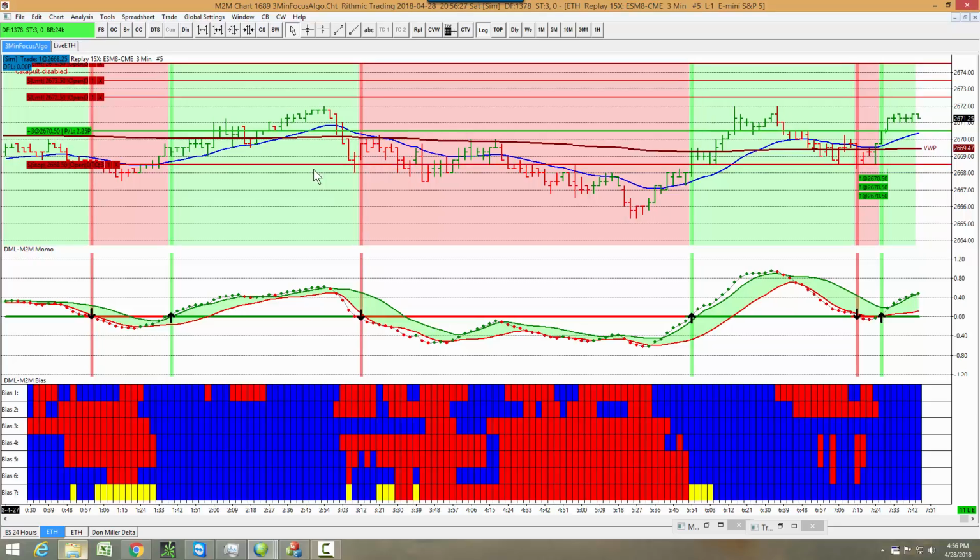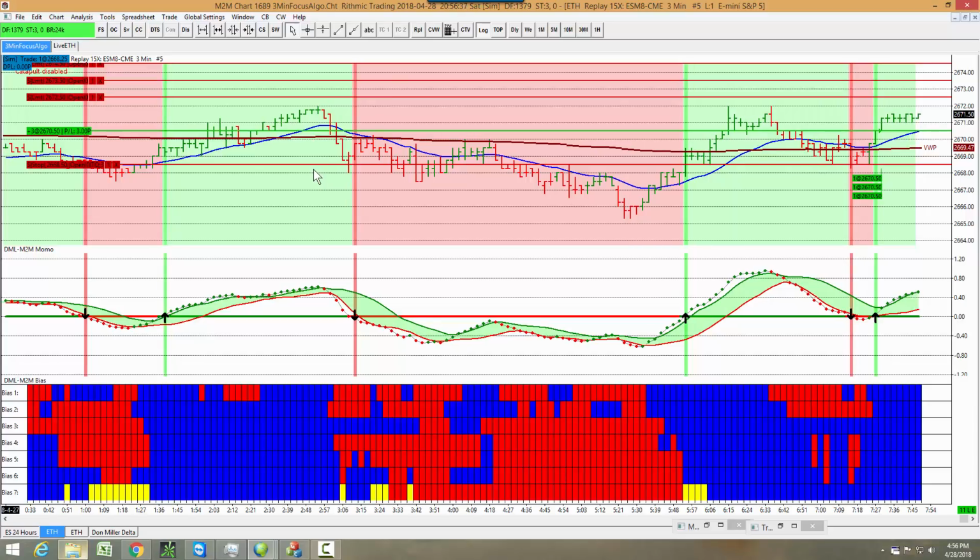So that's why you see a stop. It says 2668.50. You will see what happens is as the moving average climbs, that stop trails and rises as well. So we'll keep an eye on that.